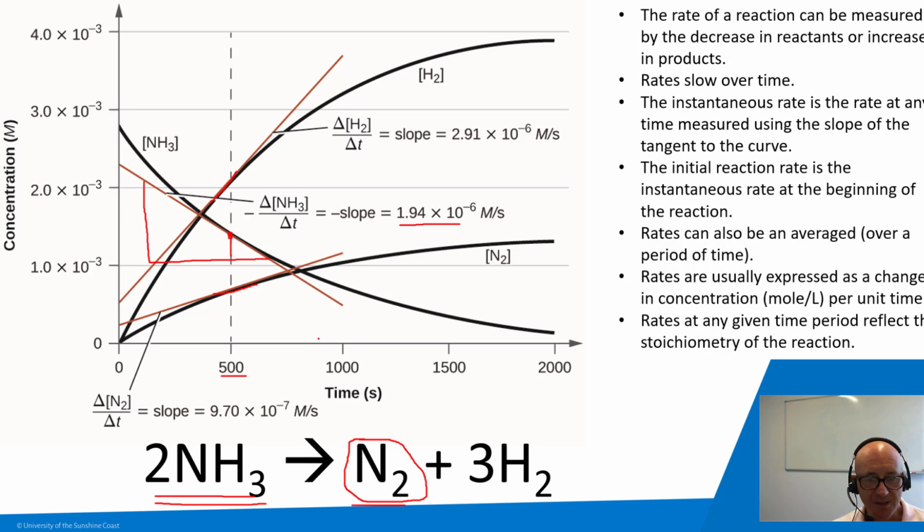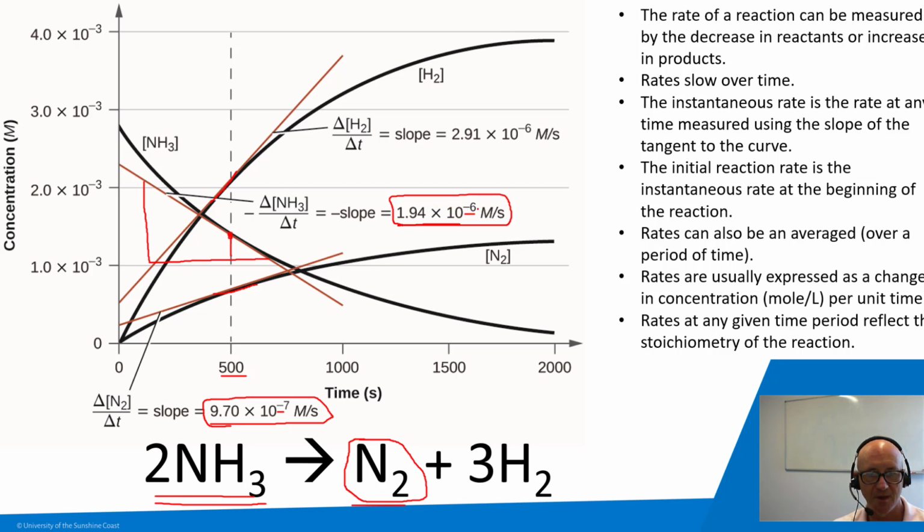And that's actually the case, because if you look at the amount of N2, it's this amount. That's the rate there that it's actually going up. And if you look at the amount of NH3, it's this amount. Now, those numbers are a little bit confusing to square up, because this one's 10 to the minus 7 and this is 10 to the minus 6.